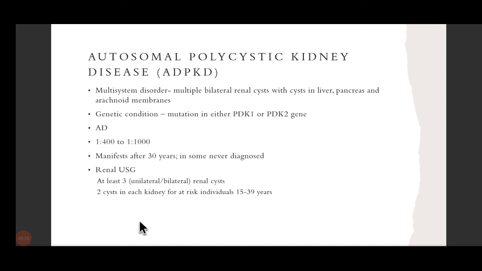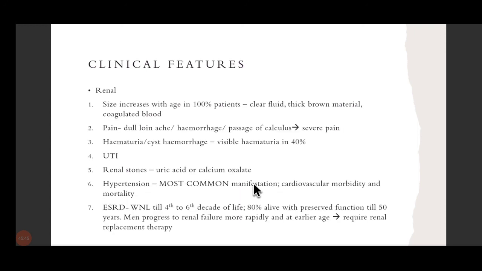However, in some patients you see that it is never diagnosed. The patient never becomes symptomatic enough. Renal ultrasonogram may diagnose the disease in which you have at least three renal cysts, and two cysts in each kidney for at-risk individuals between the age of 15 and 39 years.